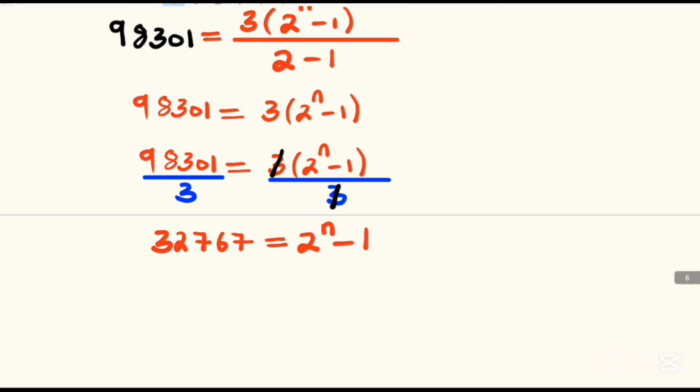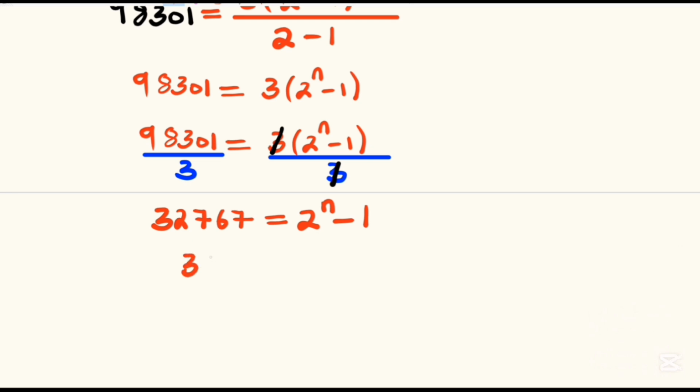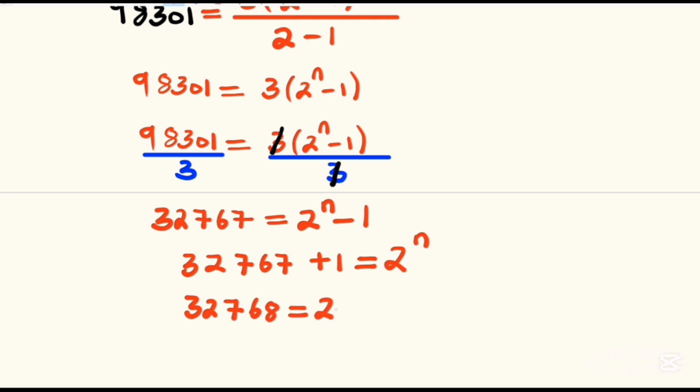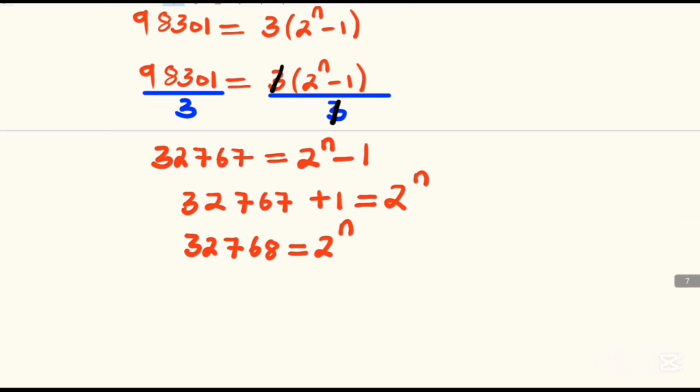We move the 1 from the right to the left, and it will change sign to positive 1, and this will be equals to 2 raised to the power n. 32,767 plus 1 will be equals to 32,768, and this will be equals to the 2 raised to the power n.